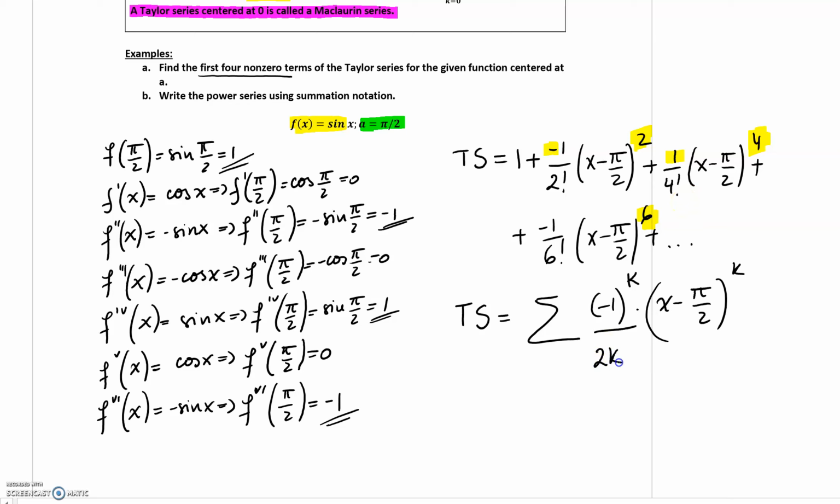How about we put 2k factorial, and because the exponents are also even, we put 2k here, and I want the first term to be 1.